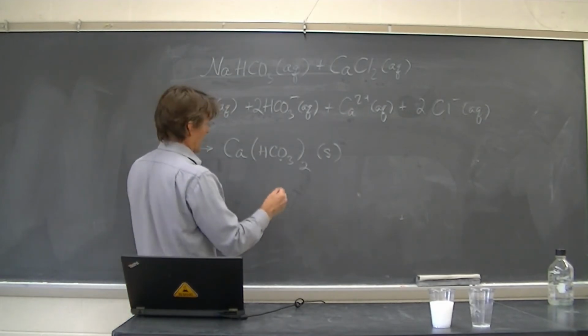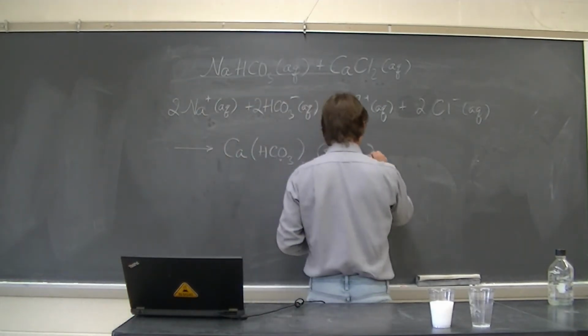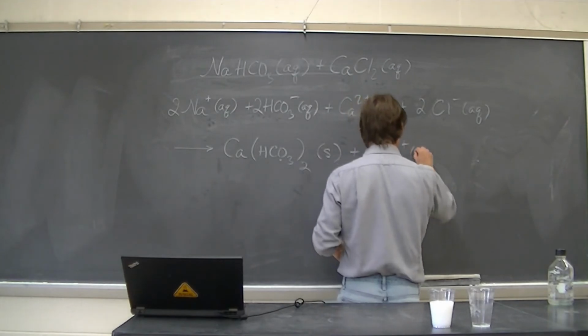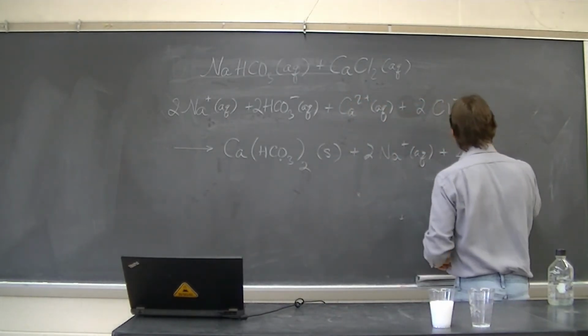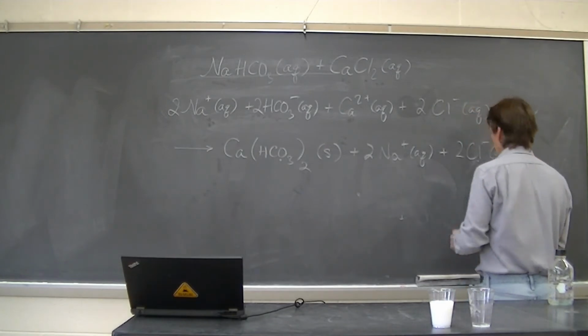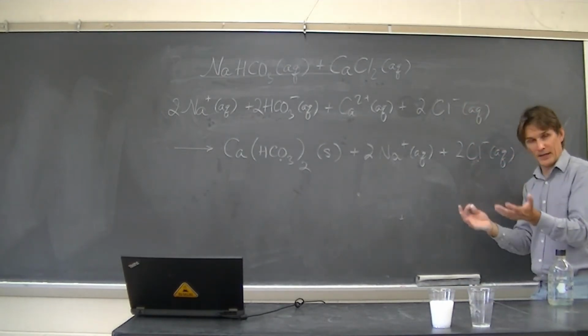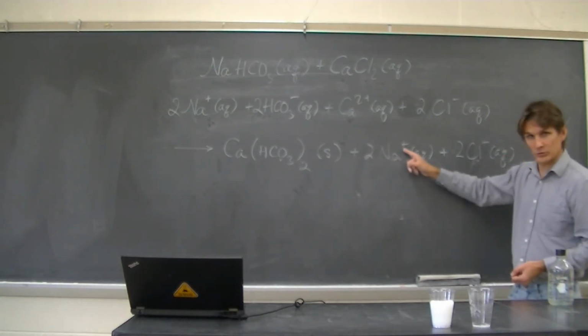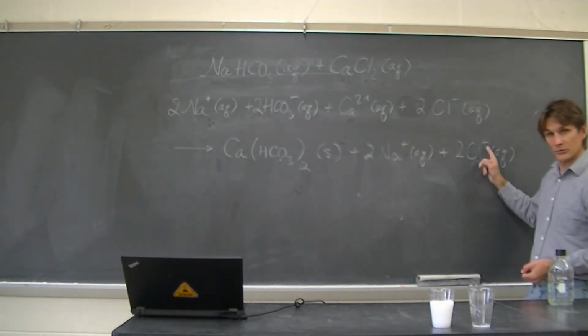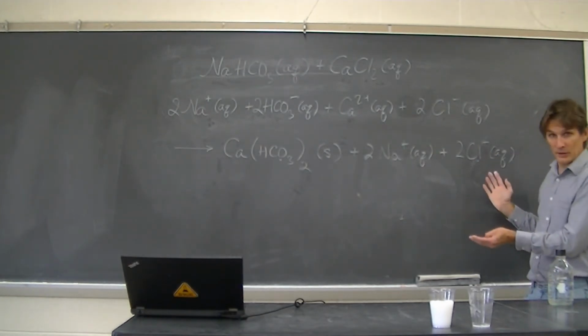And so what will happen here is my two sodiums will just go along for the ride, they'll stay dissolved, and my two chloride ions will stay dissolved as well, of course. And this is nice because you have to have charge balance, and of course I have two sodiums with a +1 charge and two chlorides with a -1 charge. Everything works out here.